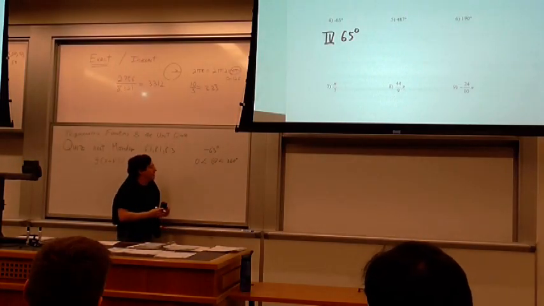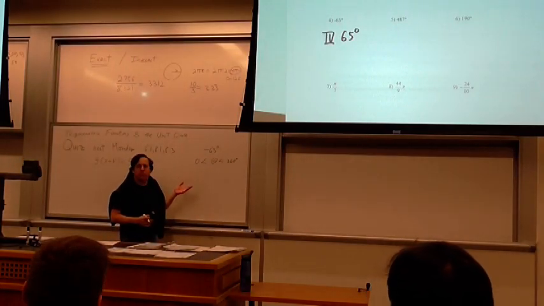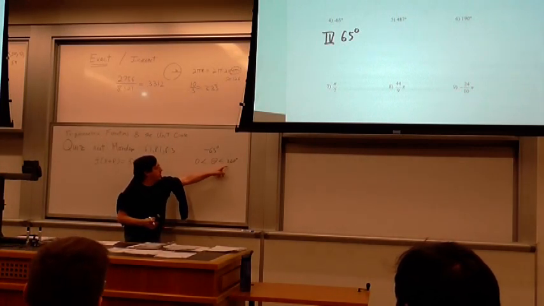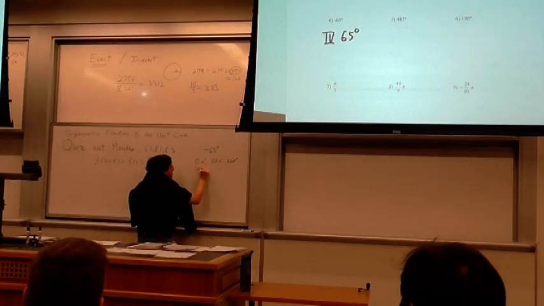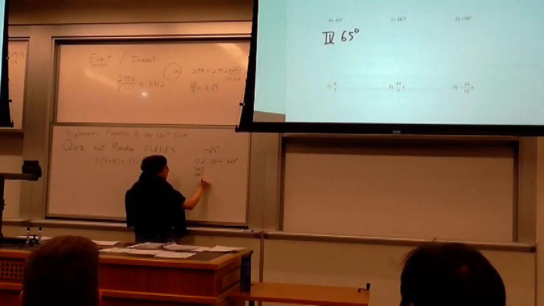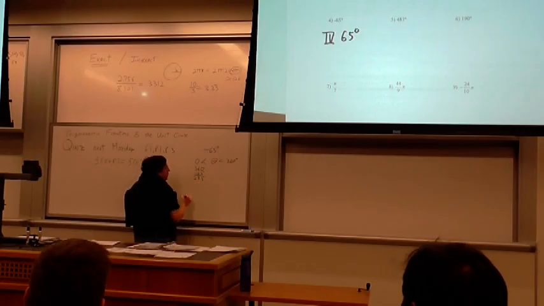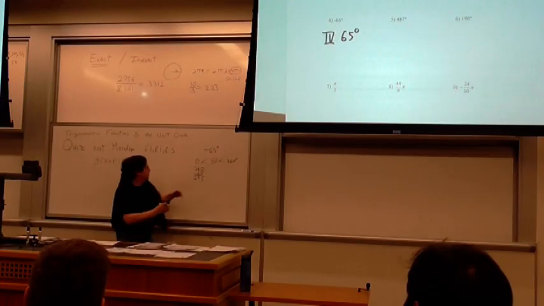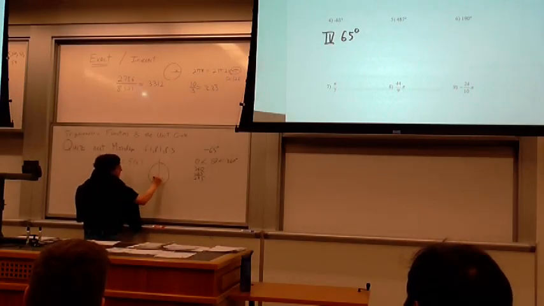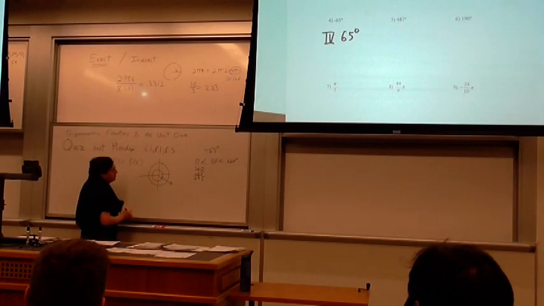So how do we do that? We have to add or subtract some multiple of 360. So we're just going to add 360. So that's 295. So this is now coterminal with this angle, right? Minus 65 is down here, and 295 is here.